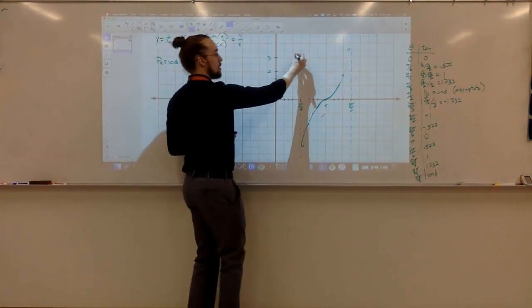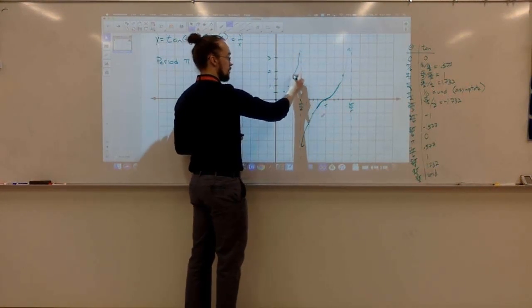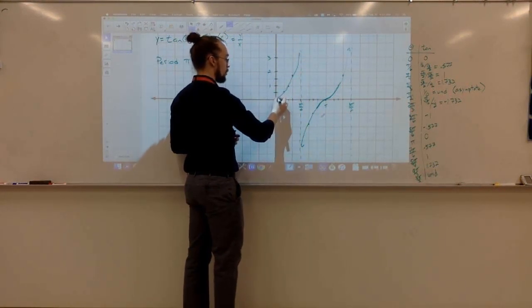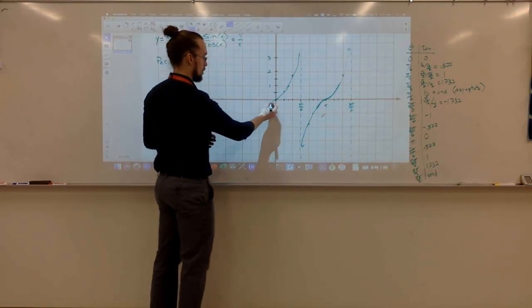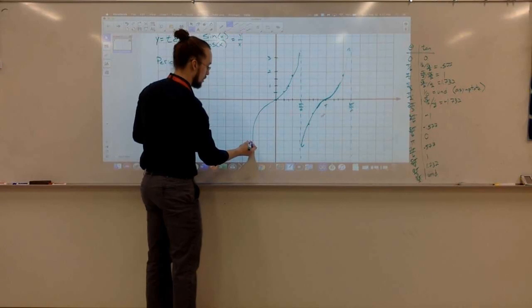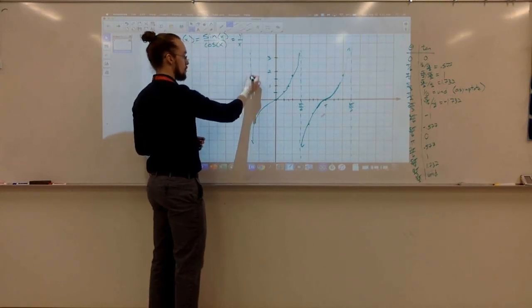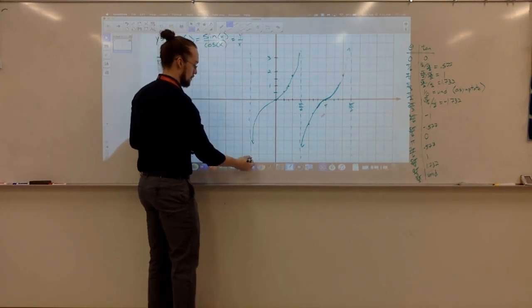So it does the same thing, or it will do the same thing over here, even though we only drew half of this period. It's going to do the same thing on this side. We'll have an asymptote over here.